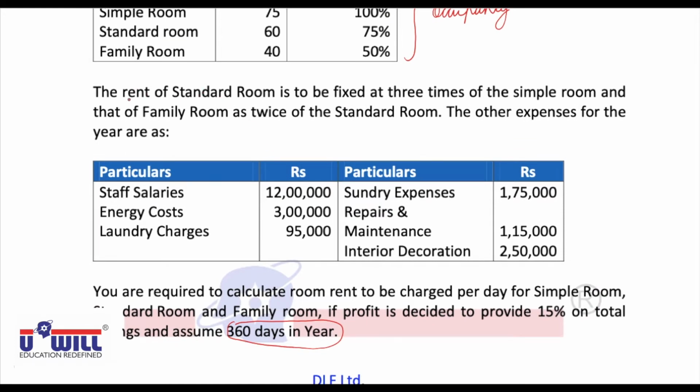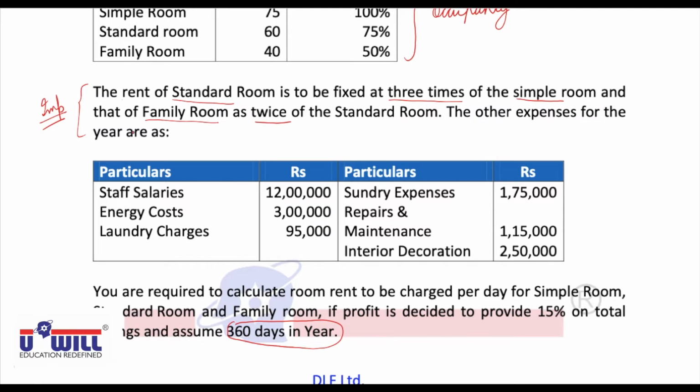The rent of standard room is to be fixed at 3 times of the simple room, and that of the family room is twice of the standard room. So this part serves to be the most important part in the question. This will help us in calculating the weighted rent and hence what should be charged for standard room, simple room, and family room. We'll see that at the end of the solution.